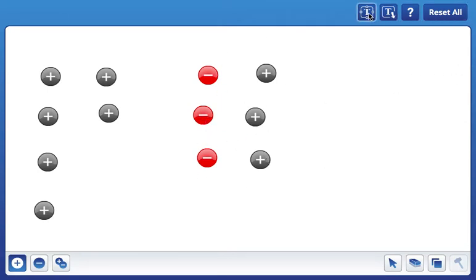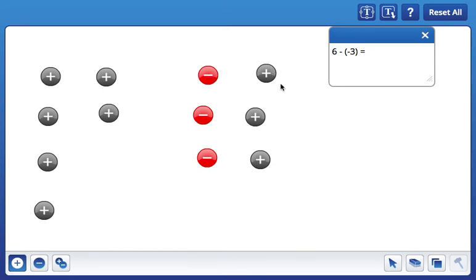So let me add the text box. We want to model 6 minus, and I'm going to use my parentheses again, negative 3 equals. And then we're going to find out what that answer is. Now, instead of putting these together, because we're going to assume that they're already together, that's a value of 0.